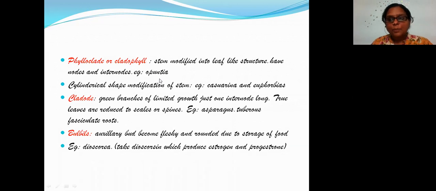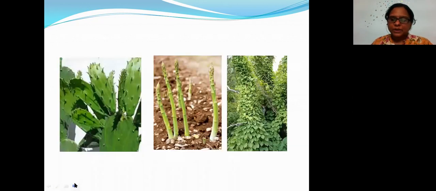For example, Opuntia. So you can see Opuntia's diagram. Okay, this is the Opuntia. You can see this leaf-like structure is there, right? This I think most of you will have in your home. We use it as a decorative plant also, right? So this is Opuntia, students. In this, actually, this leaf is not a leaf. It looks like a leaf, but it's not actually a leaf.